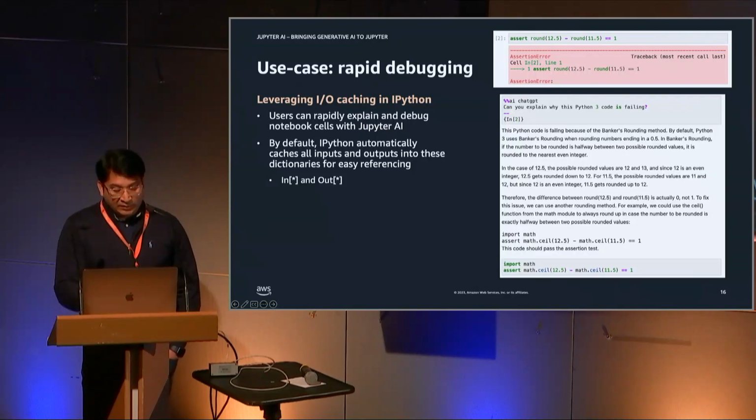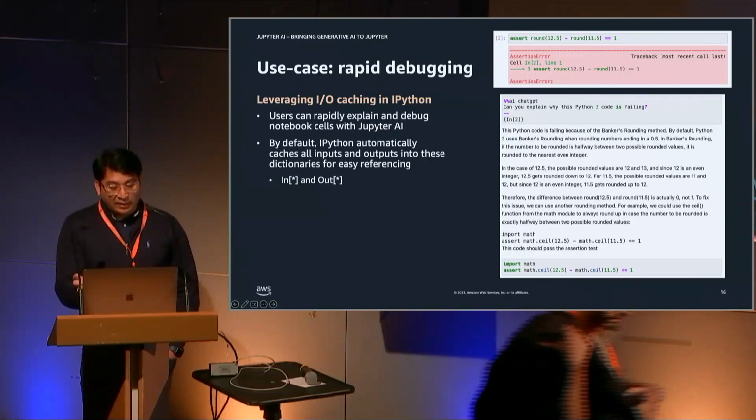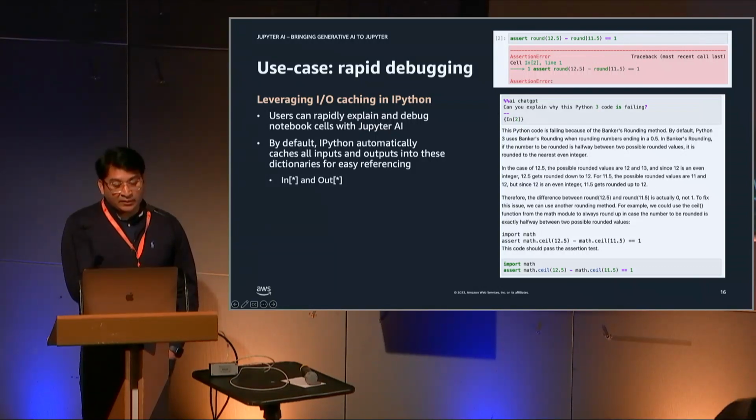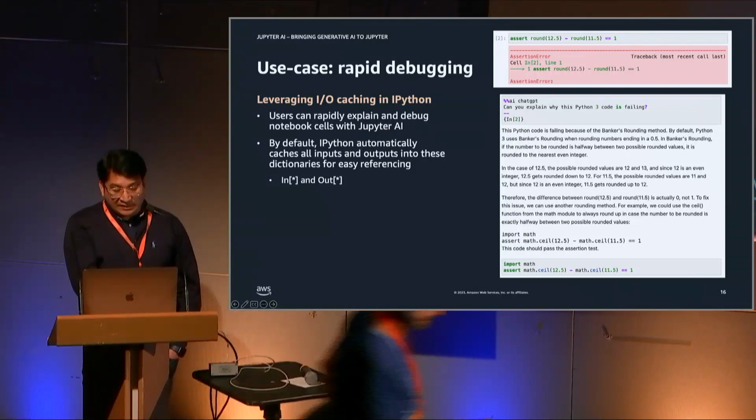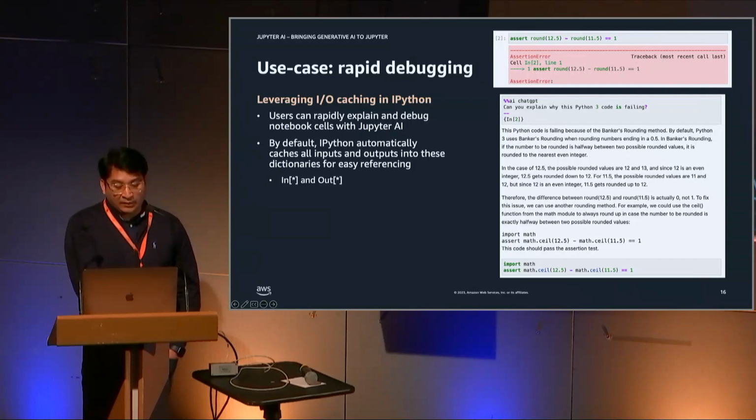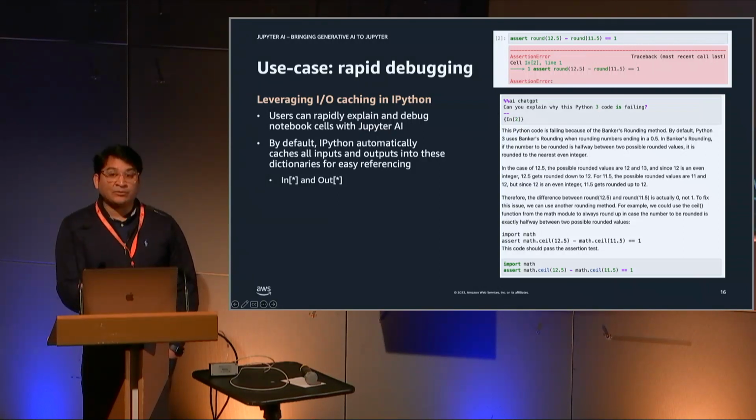In this next screenshot, you can see that I have specified to the prompt, with the separator, that I want to use the input from cell 2 as context to the LLM prompt. Once you run this with Jupyter AI, you can see that Jupyter AI was able to explain why the code failed, and it also gave an example of how to correct that code.